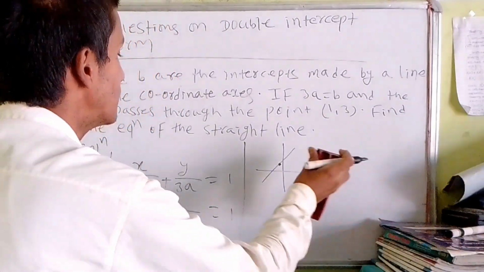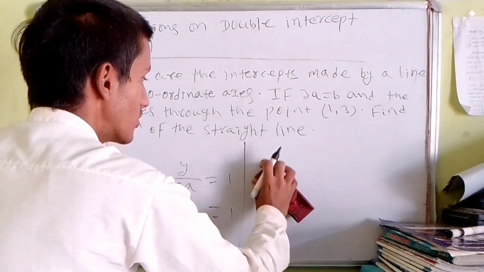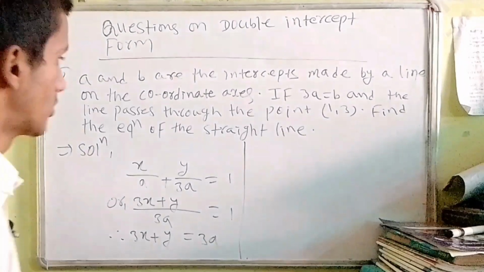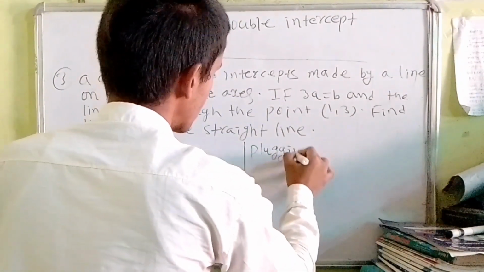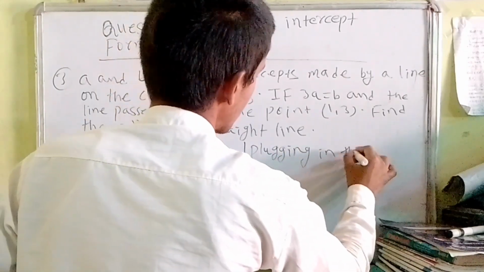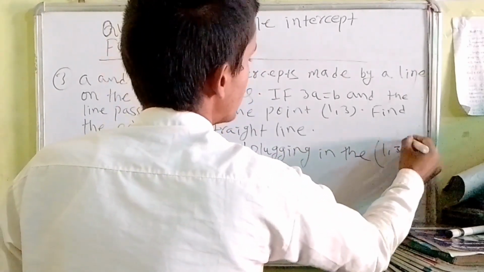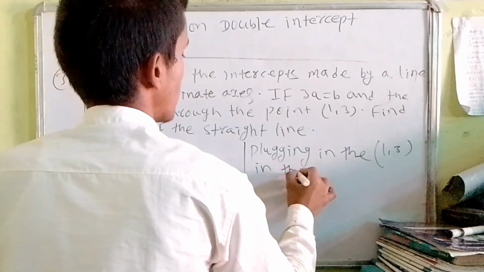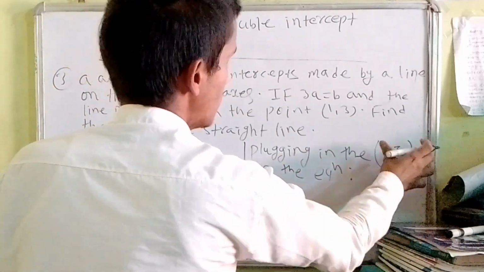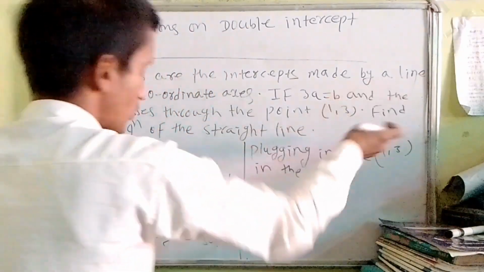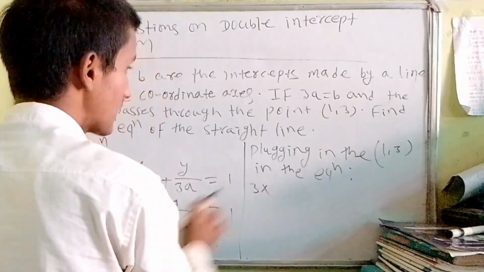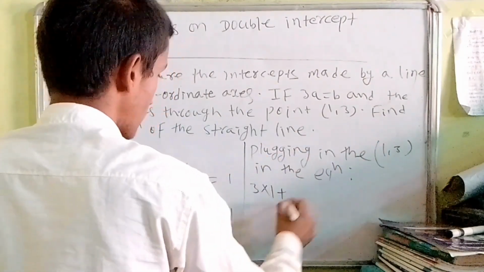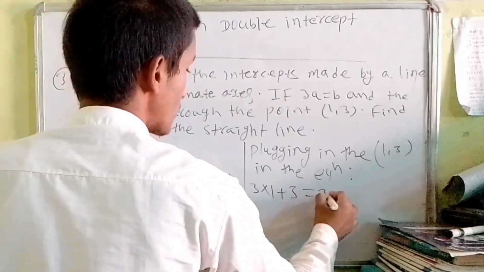So I'm going to plug this point into the equation, because this point should satisfy the equation. So it's 3 times x, which is 1 here, plus y, which is 3, equal to 3A.